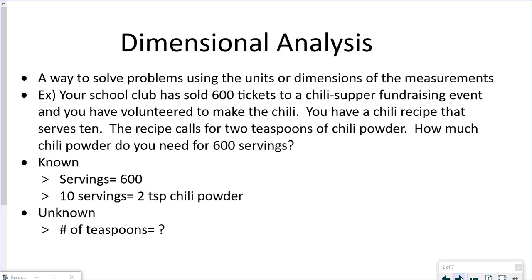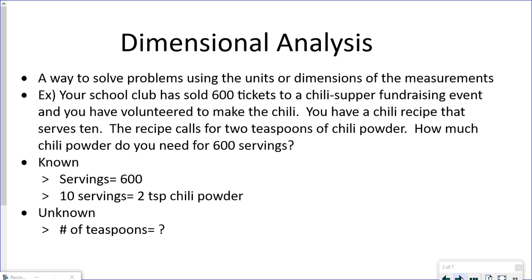So we know that we need 600 servings, and we need to know the total amount of chili powder in teaspoons. The only other bit of information that was given in the question that's useful is that your recipe that serves 10 people, so 10 servings, calls for 2 teaspoons of chili powder.